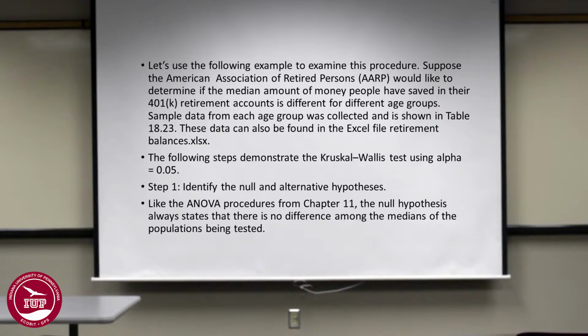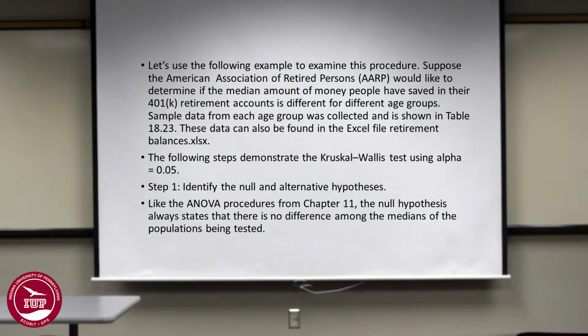Let's use the following example to examine this procedure. Suppose the American Association of Retired Persons, or AARP, would like to determine if the median amount of money people have saved in their 401k retirement account is different for different age groups.